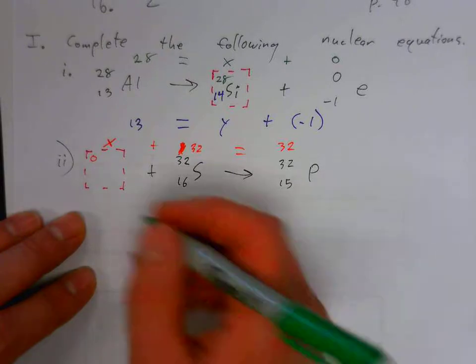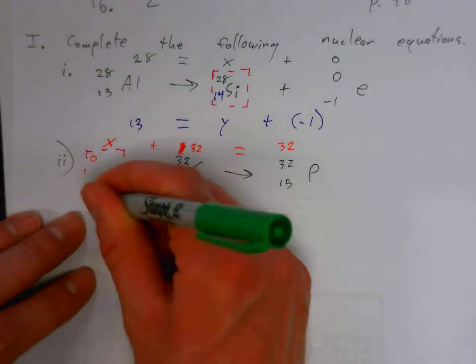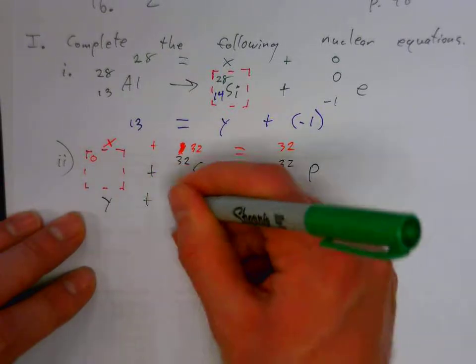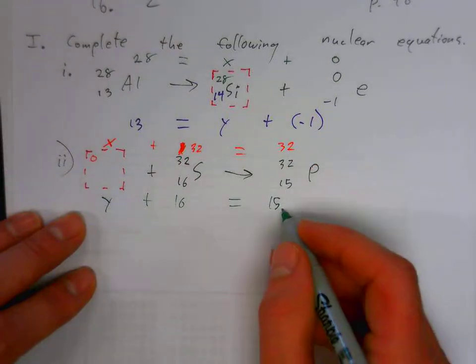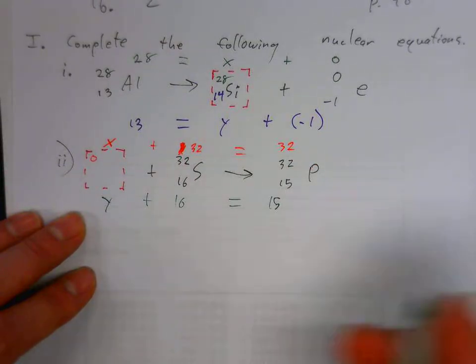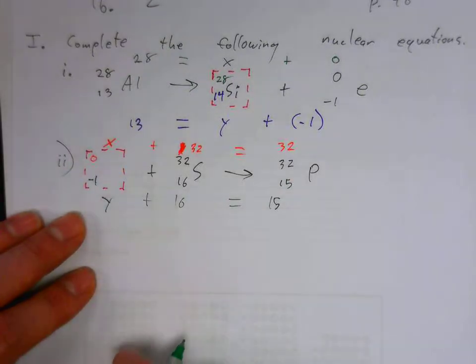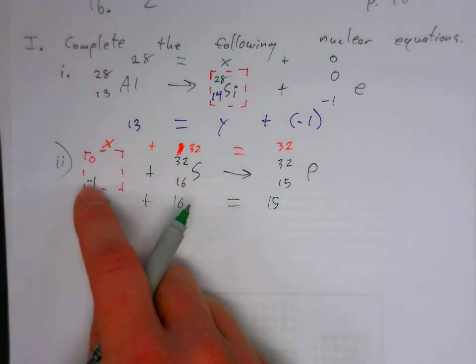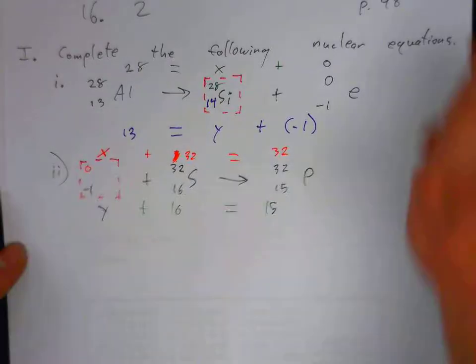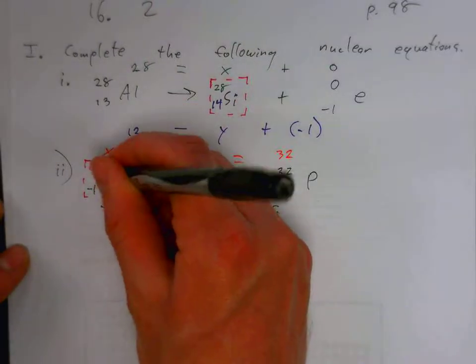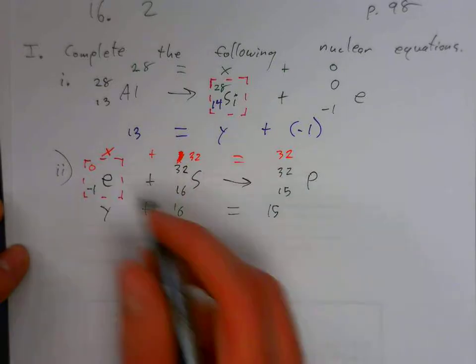On the bottom, y plus 16 equals 15. Subtract 16 from both sides. 15 minus 16 is negative 1. So in this case, we can see that it's 0 over negative 1. So it was a beta particle that bombarded this reaction.